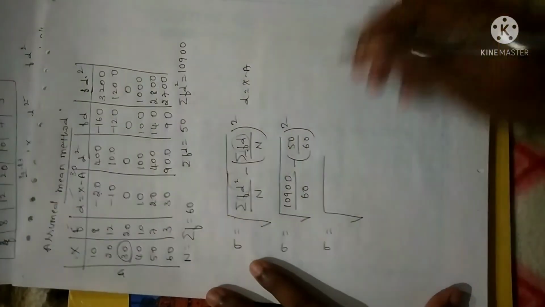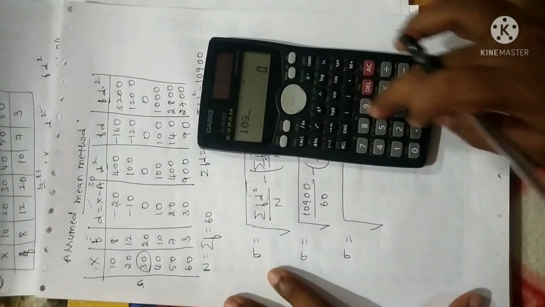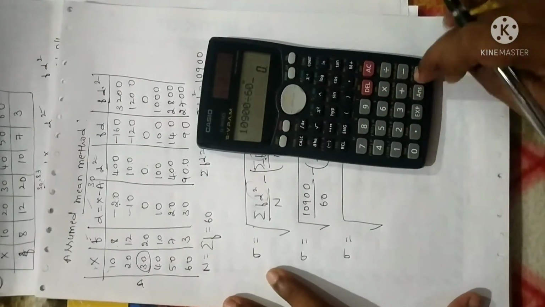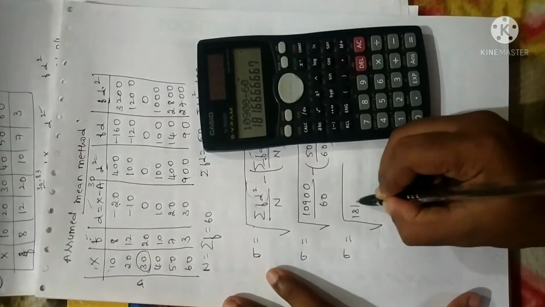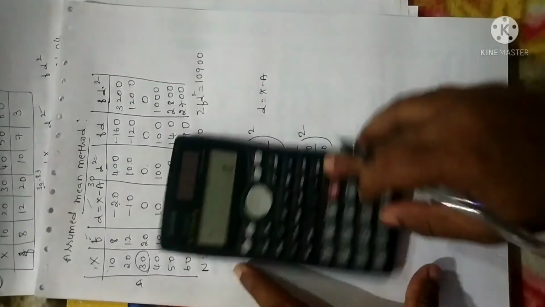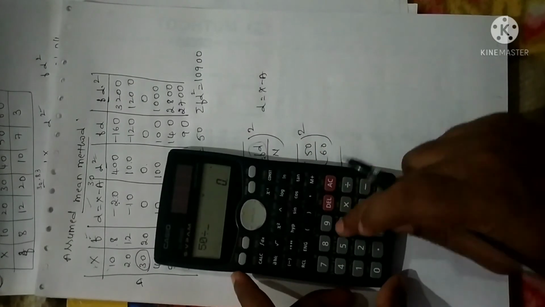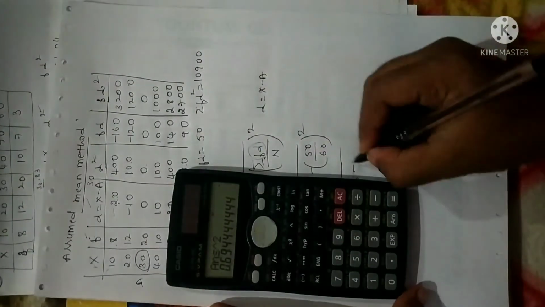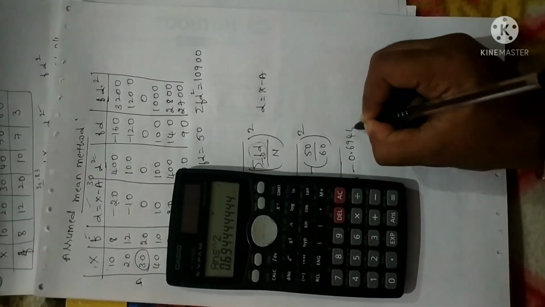Sigma is equal to square root of, I'll just show you, 10900 divided by 60. So you will get 181.666. Minus, I'll just do here 50 divided by 60 whole square I need. So you will get 0.6944. Right?